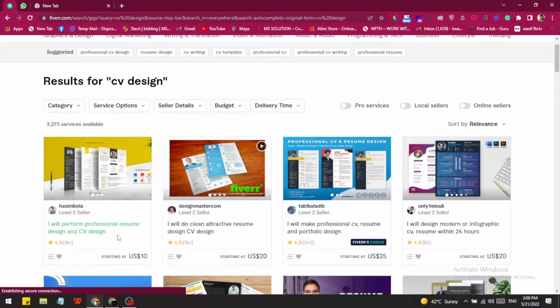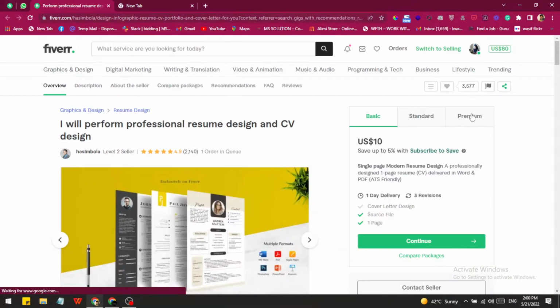First of all, I click on the first gig. You can see here is one order in the queue. This person is providing basic, standard and premium services. In the basic package they are charging $10 and they will provide a one page CV, and they have written some descriptions about what they provide in this package.